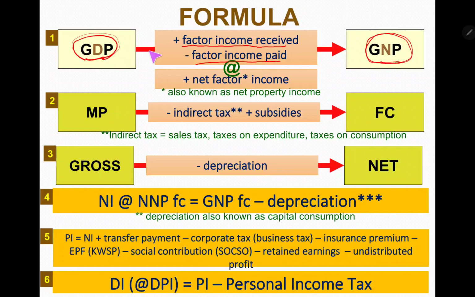So GDP plus FIR minus FIP equals to GNP.